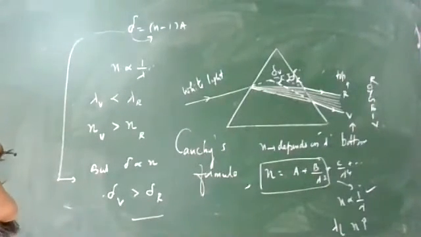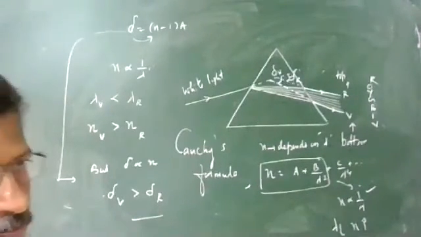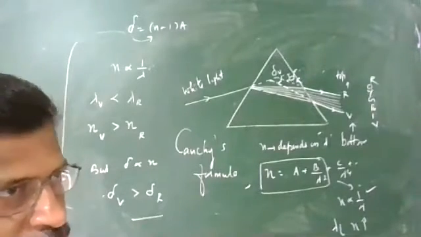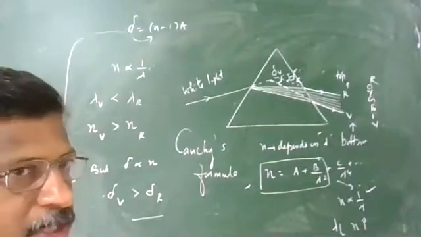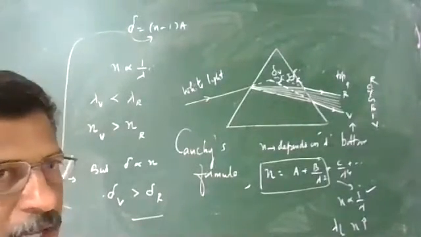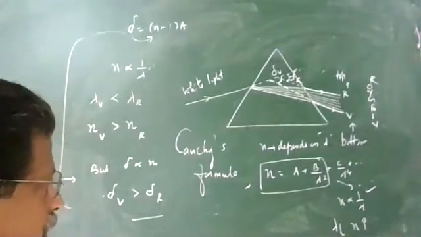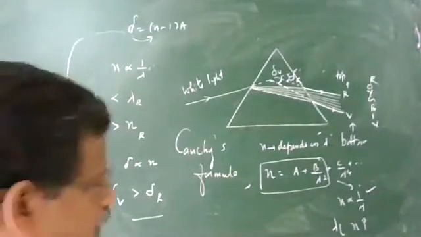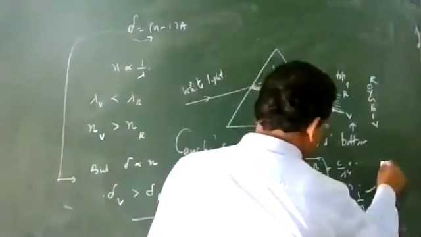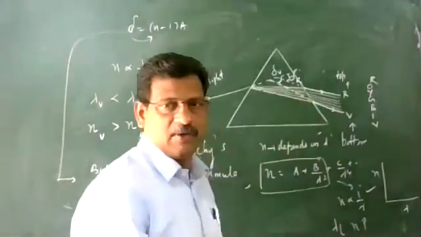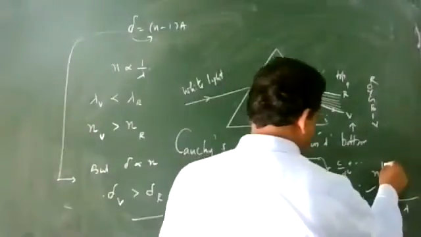The refractive index of a medium is not constant, it depends upon the wavelength of the color passing. For violet, the refractive index of the same material is different from that for red. So the relation is n equals a plus b by lambda square. When you plot a graph between refractive index and wavelength, it will be an inverse proportion graph.